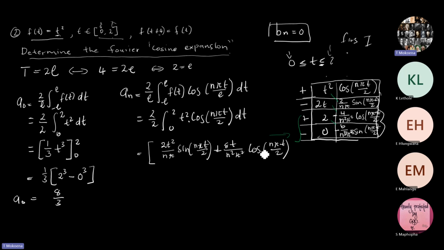Right? Therefore, we continue again. We take this diagonal, which is positive 2 multiplied by negative 6 over this thing. So positive by positive, automatically we get the negative 2 multiplied by 6. We get 12 divided by n to the power of 3 pi to the power of 3 sine n pi t over 2, close this bracket and square bracket.